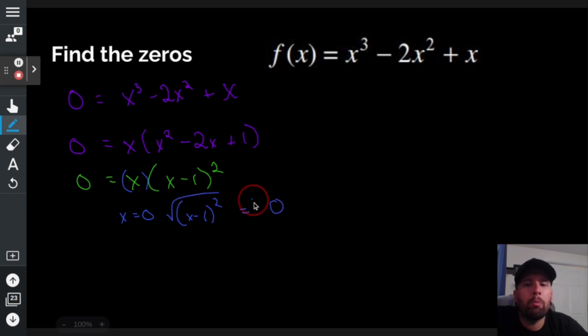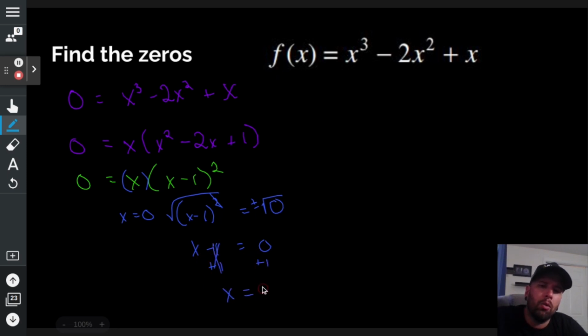Square root both sides, positive or negative, cross you out, x minus 1 equals the positive or negative square root of 0, which is positive or negative 0, or just 0. Add 1 to both sides, and x equals 1. So my two answers are 0 and 1.